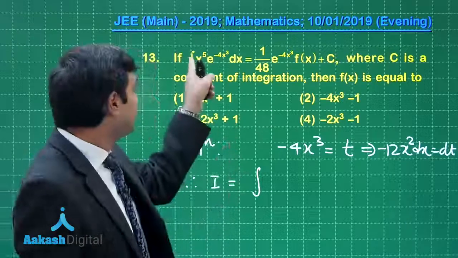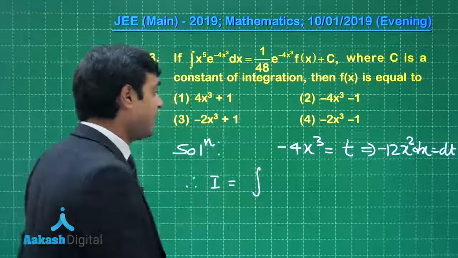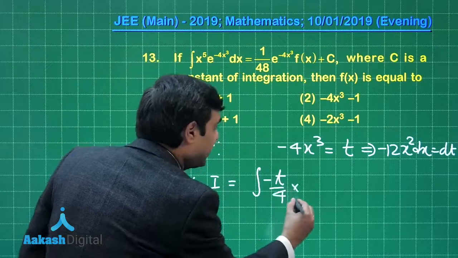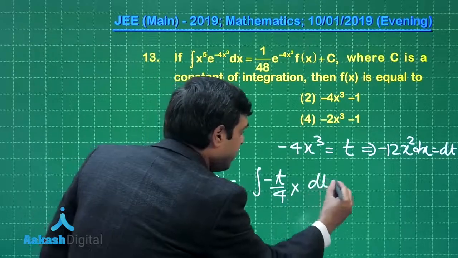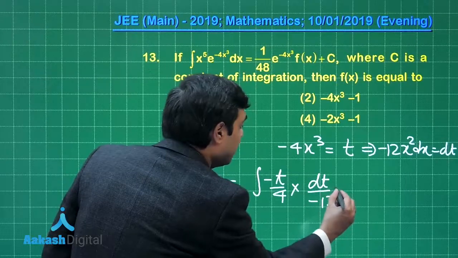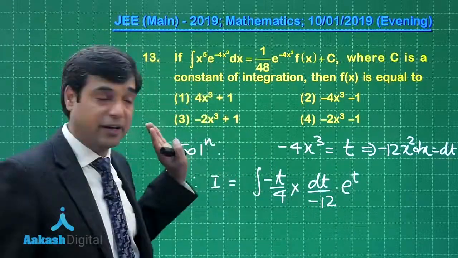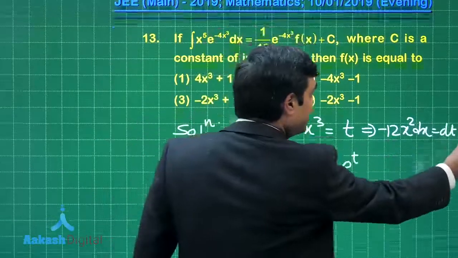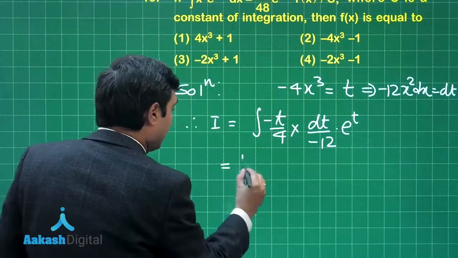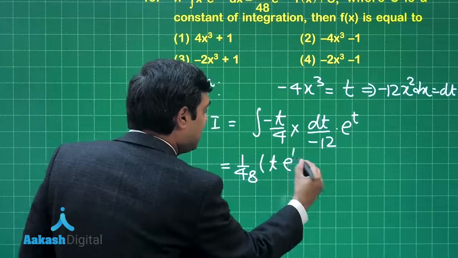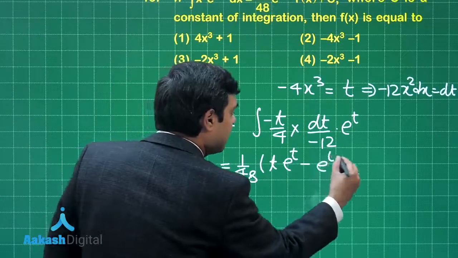The remaining x cube is minus t by 4. So write here minus t by 4 multiplied with dt by minus 12 multiplied with e to the power t, the term already there. So finally we have the result 1 by 48 t e^t minus e^t plus constant of integration.